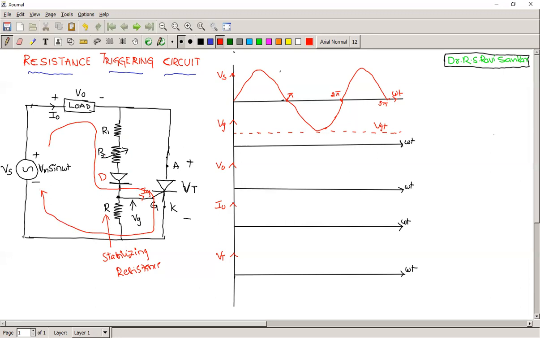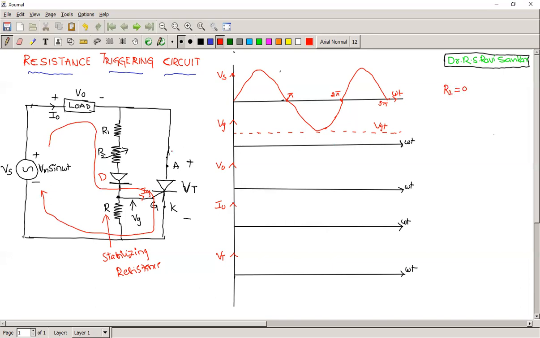With R2 zero, the actual gate current should be less than the maximum gate current of the SCR, which is given by the manufacturer.